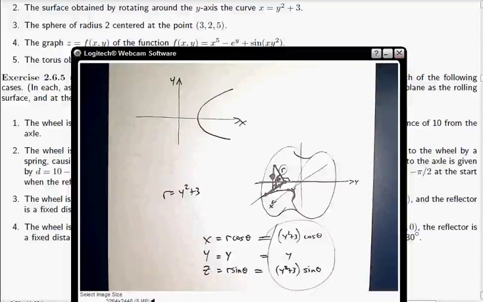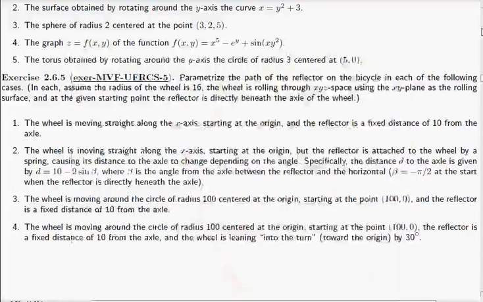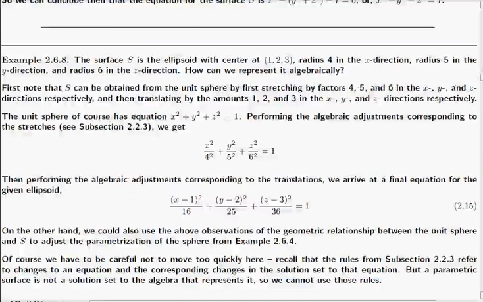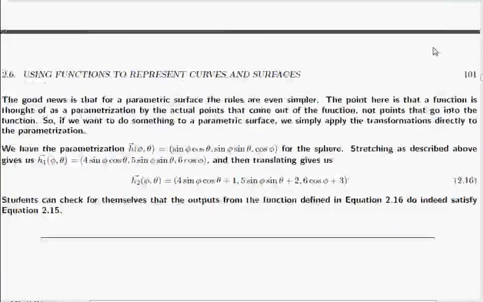Let me go back to where I did an example kind of like this.